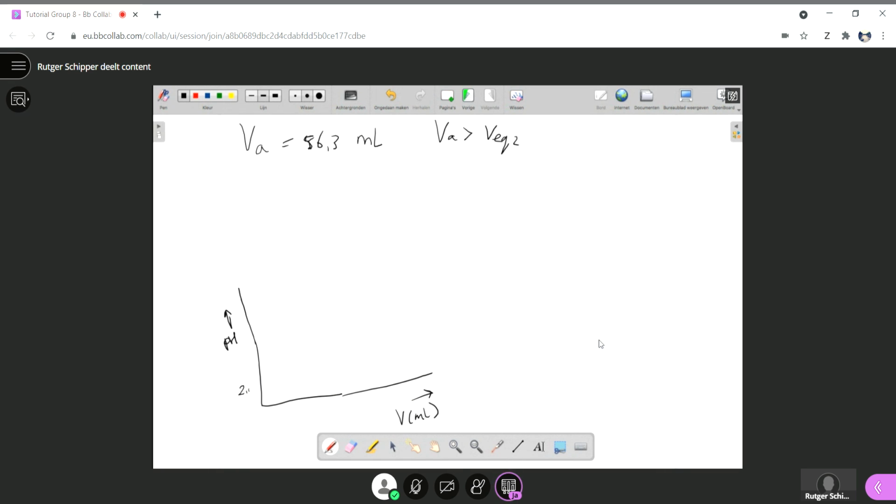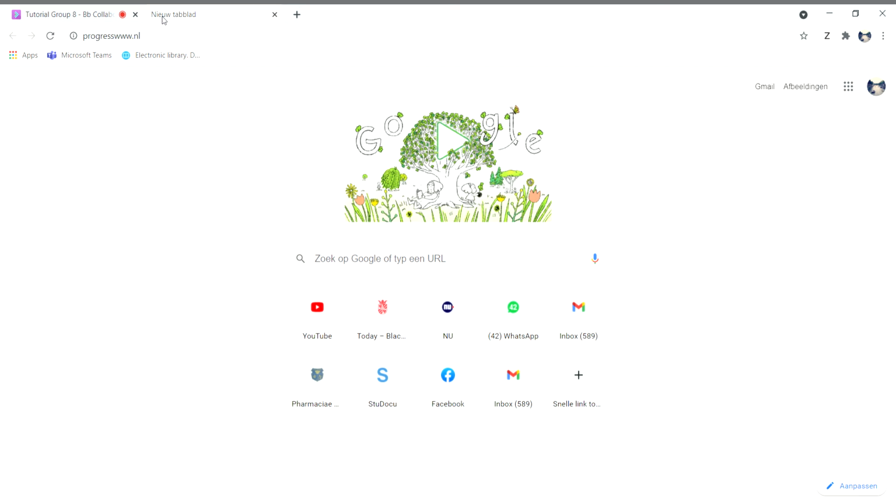So we started somewhere around 2.88. And we reached the equivalence point 1. And later the equivalence point 2 had a larger impact. And we ended somewhere around, let's say 10 or so.